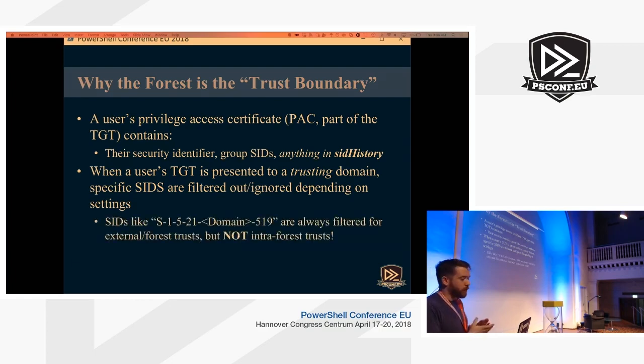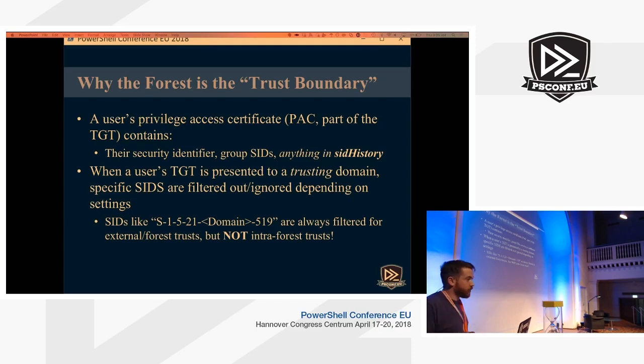But the enterprise admin SID is not filtered out for domains within the same forest. It is for external. So if you're external.local to dev.testlab.local, if you have enterprise admins in your SID history, that is filtered out when you try to present that ticket to the new domain. So that's SID filtering.